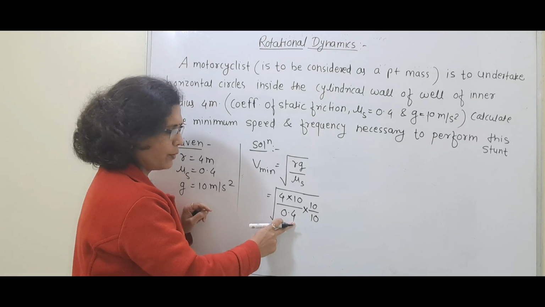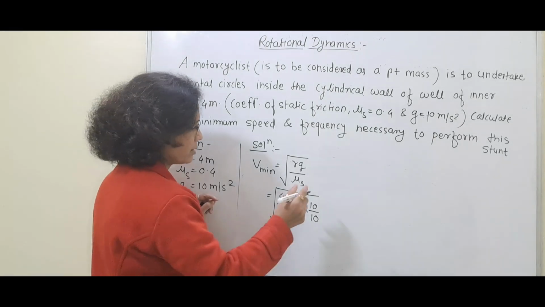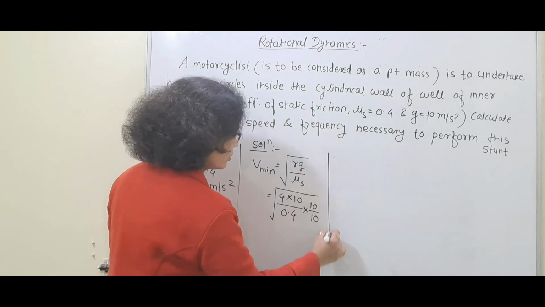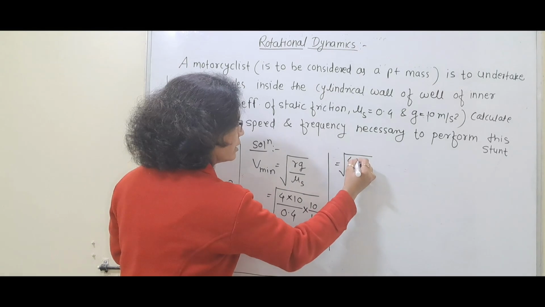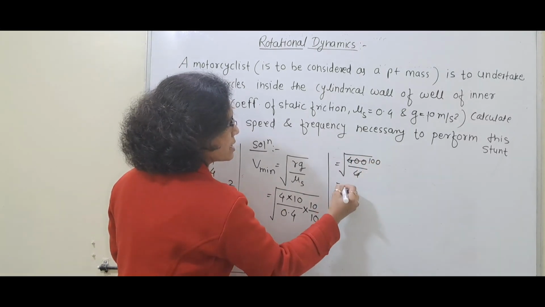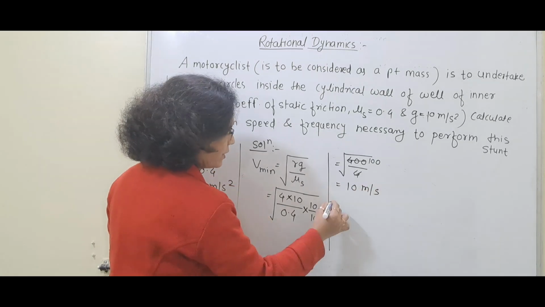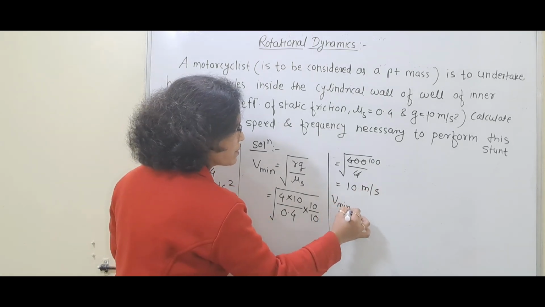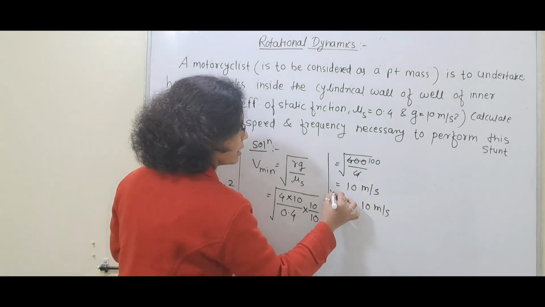Here the denominator will be 4 and in the numerator there will be 400. So under root 400 divided by 4, that is square root of 100, that is 10 meter per second. That is V minimum, which must be acquired by that motorcyclist to make the stunt.